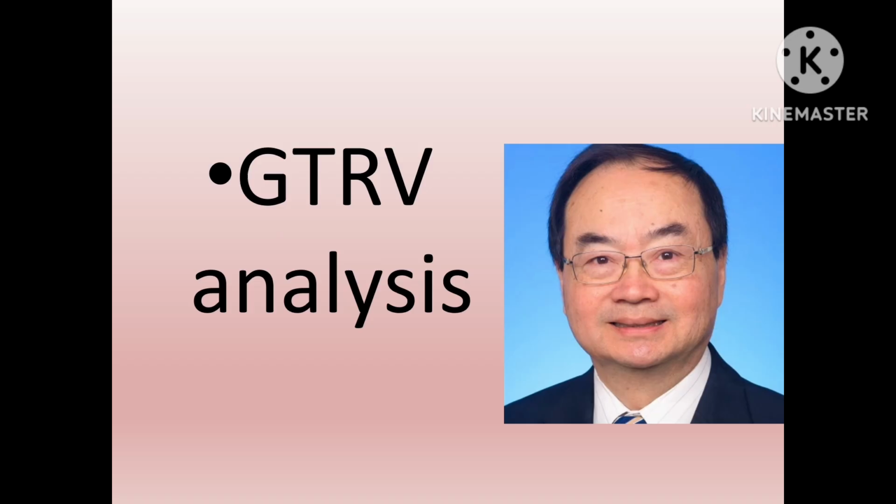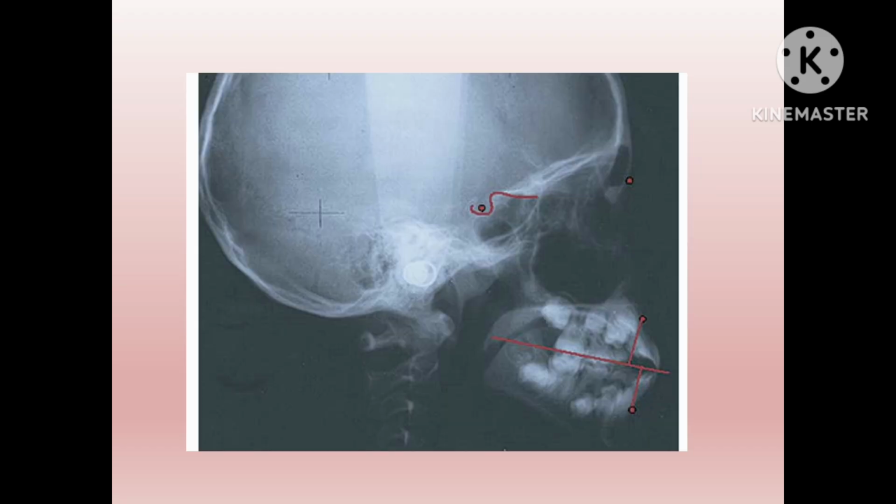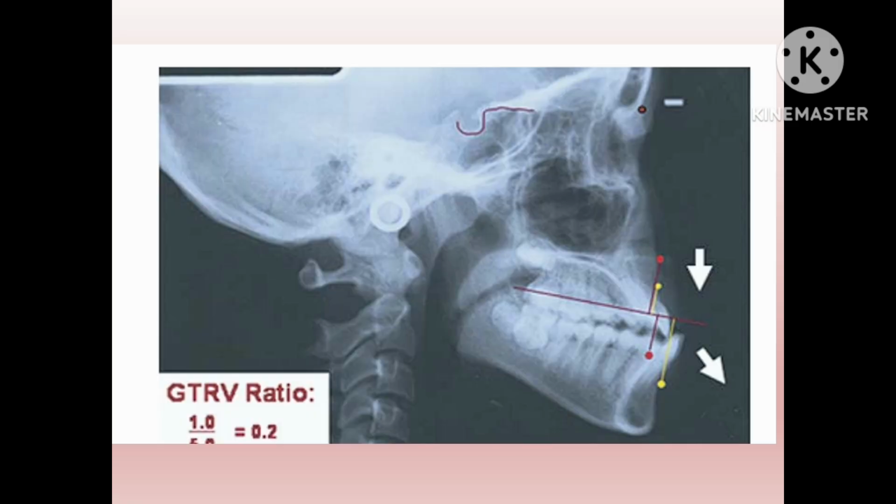Dr. Pete Nan gave the growth treatment response vector, or GTRV, to measure the horizontal growth of jaws to predict class 3 treatment outcomes. Lateral cephalometric radiographs are taken after face mask therapy and during the follow-up. Using stable cranial landmarks, the horizontal growth of the maxilla and the mandible along the occlusal plane is measured.